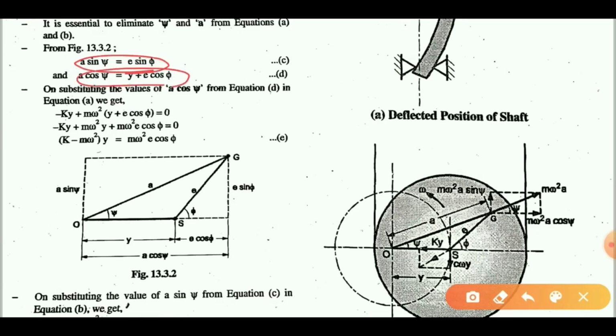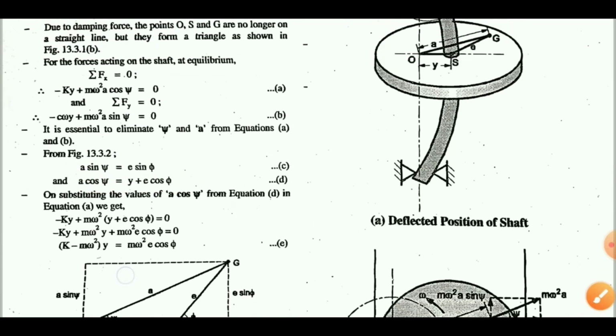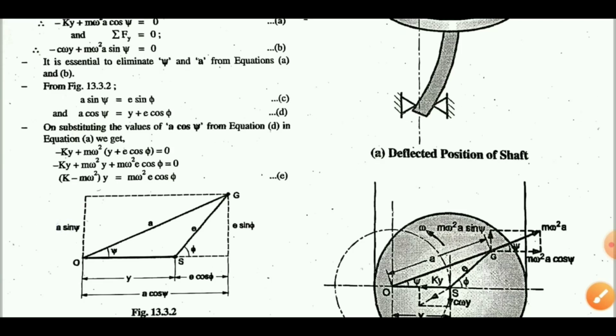So we put the values of a sin psi and a cos psi in the above two equations. We will get the value of e cos psi and e sin psi by resolving this equation in terms of y, e and phi, which are known terms. So we can find the deflection from this equation.